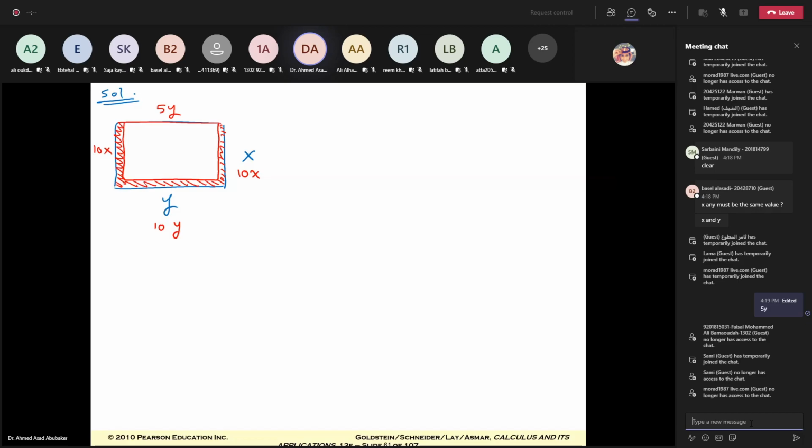Okay, and we need to minimize the cost, so we need to minimize the cost that equals 10x plus 10x plus 10y plus 5y. So the cost equals 20x plus 15y.